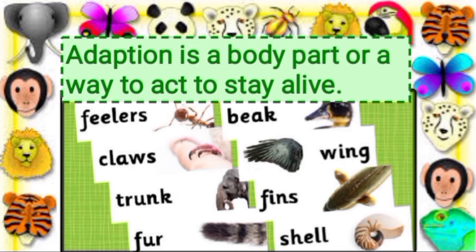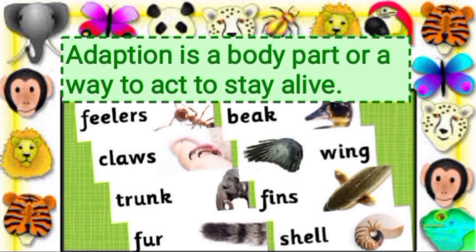Living things are adapted to the habitat they live in. This is because they have special features that help them to survive. They make it possible for the animal to live in a particular way.